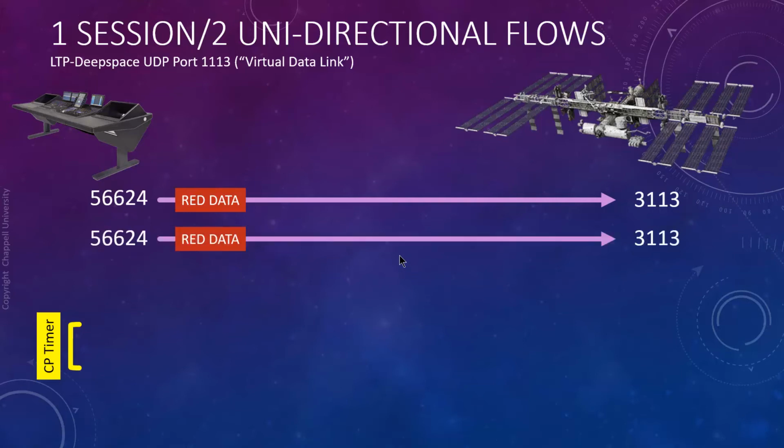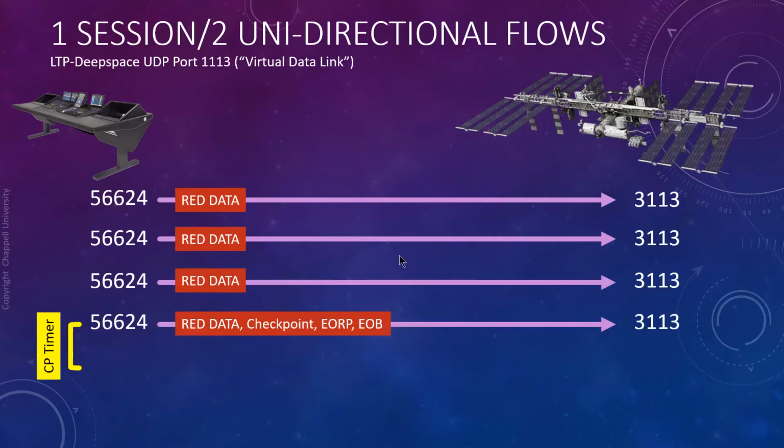So we send red data over, red data, red data, and then at the end of the red data block, let's say that's all we're sending is red data, no green, we would mark this last packet of the block with an EOB, end of block. We would mark it with end of red part, and we would also mark it with checkpoint.